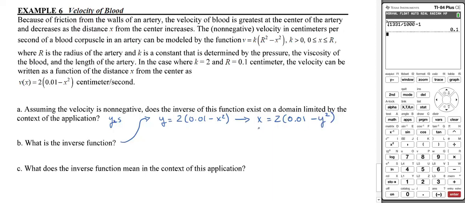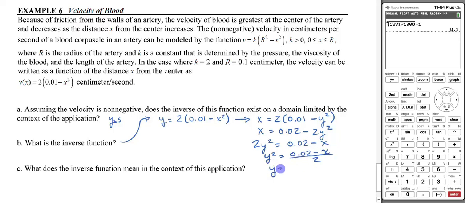So let's go ahead and multiply by 2. 0.02 minus 2y squared. I can make this 2y squared equals 0.02 minus x. Divide both sides by 2. So y squared equals 0.02 minus x all over 2.